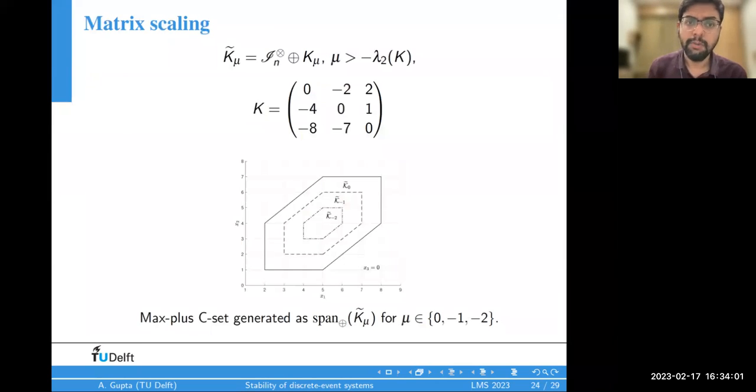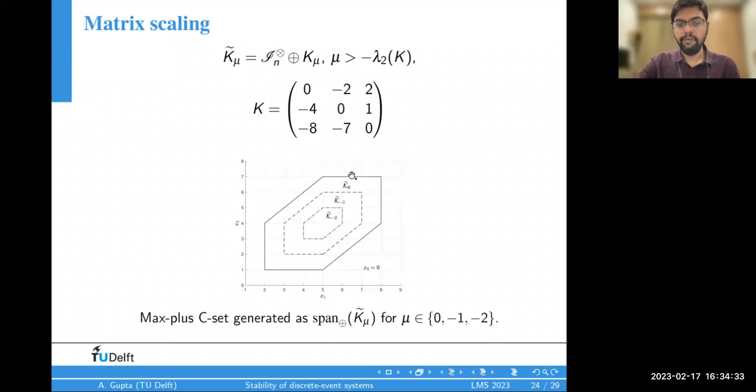I can talk about scaling of this matrix. Again, there are certain ways I can scale this particular set generated as the max-plus column span of K. And I say that if I am in K0 here, and I map into K minus 1 at the next step, then I'm contracting. If I can prove that I can do it a certain number of times, then I arrive at the smallest set that is, let's say, attractive.